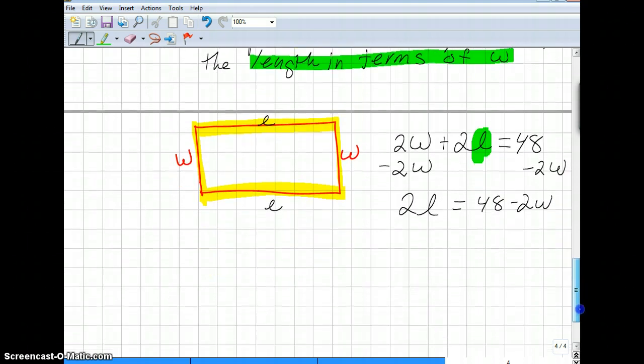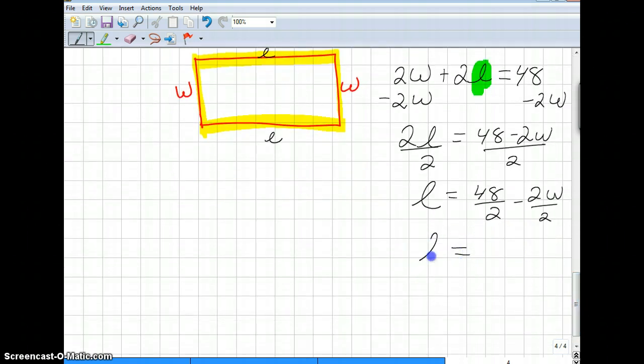Then again, we want to get L all by itself, so we want to divide by 2. And using division property, we can rewrite that like this. And that can be reduced then to 24 minus W. So the length can be represented by 24 minus W.